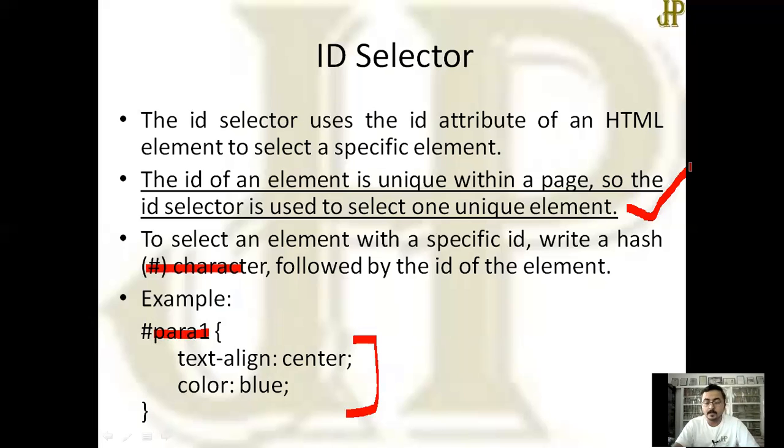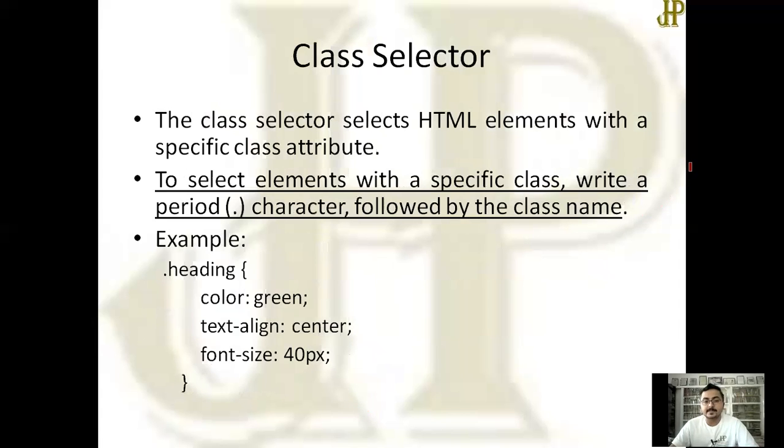Don't worry about that. I will give you the example of each of them. Now the last one is class selector. The class selector selects HTML elements with a specific class attribute.